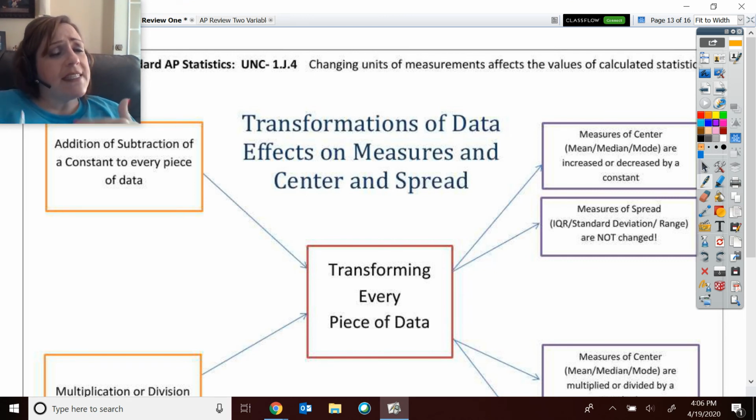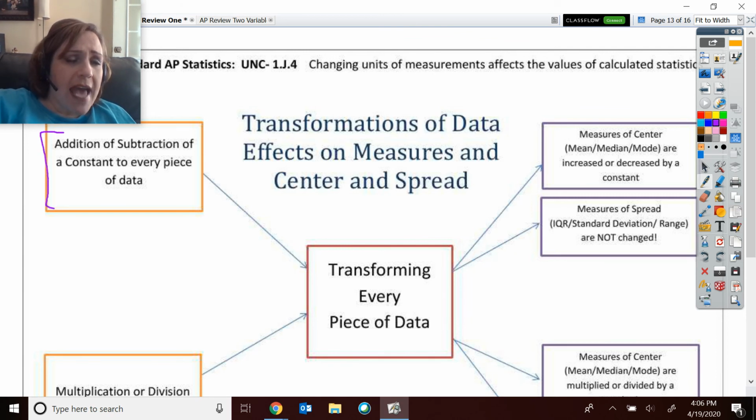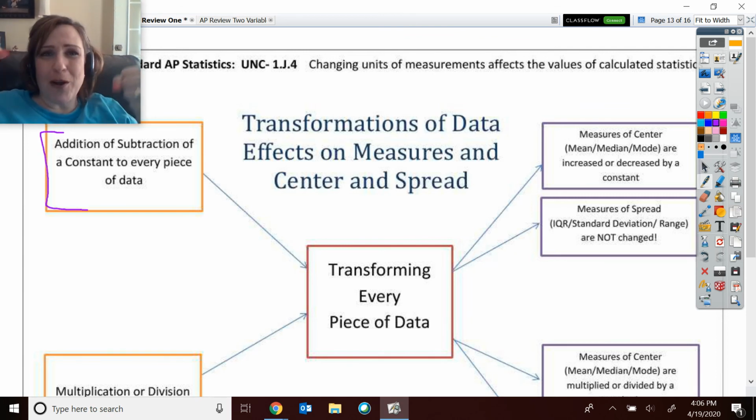Now let's look at this last idea, and this again is the transformation of data. We see this several times throughout the year, so we're using it in a lot of different places. Don't forget that when you have your piece of data and you add or subtract from that piece of data, then that just adds to or subtracts from the measure of center.